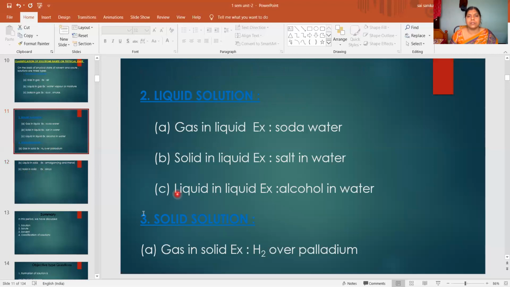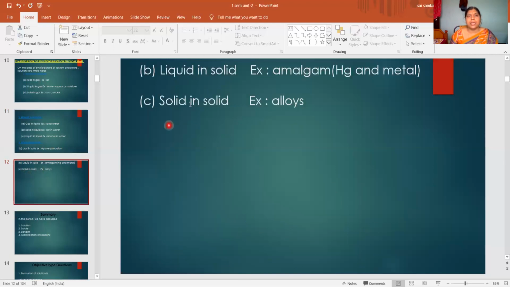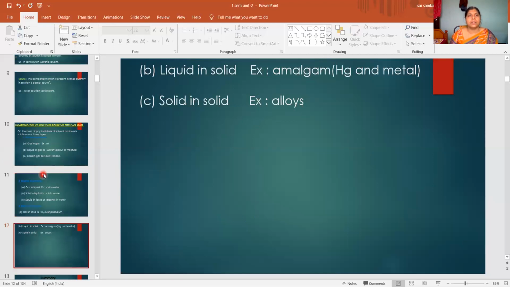So what are the solid solutions? The solutions in which solid is solvent and solute may be gas or solid or liquid. And these are three types. That is gas in solid, example hydrogen over palladium, and liquid in solid, example amalgam, and solid in solid, example alloys. So once again I will repeat.